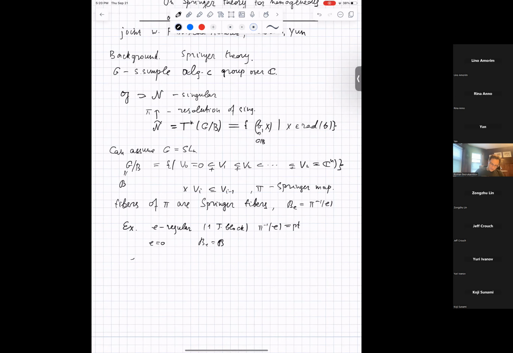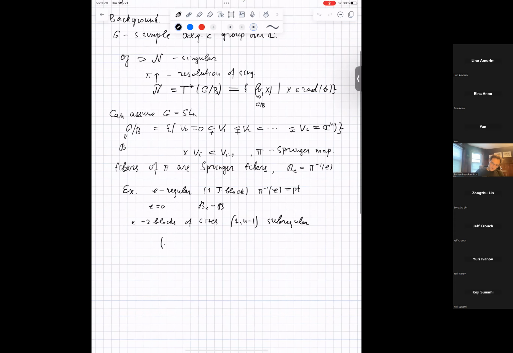But if E is subregular, meaning two blocks of sizes n-1 and 1, so this is called subregular, then B_E is a chain of P1s. Maybe without writing it down, I can just say who these P1s are.